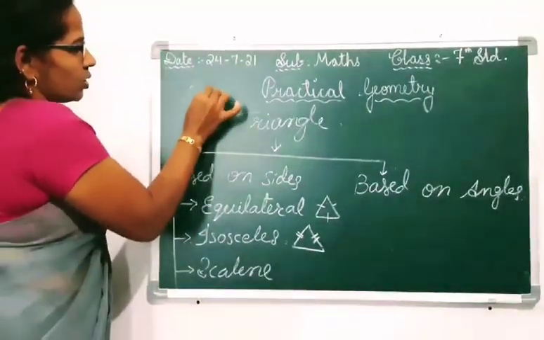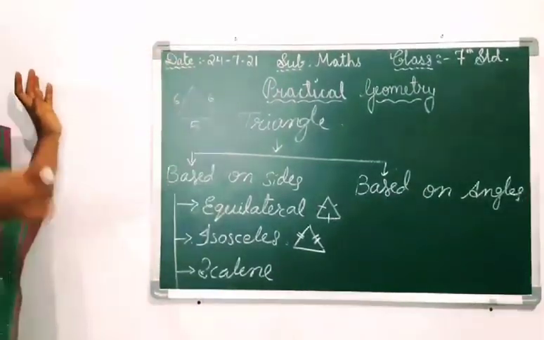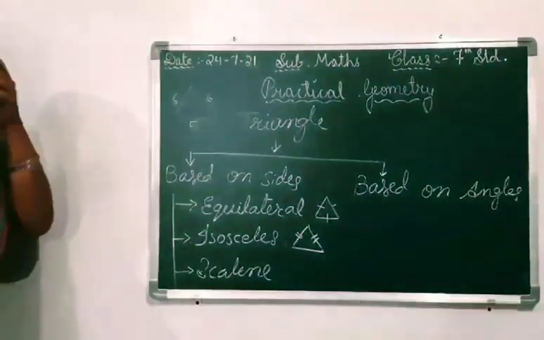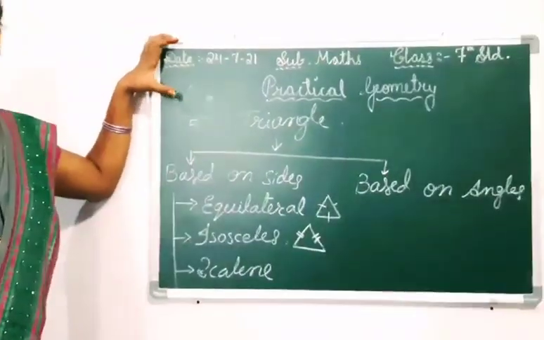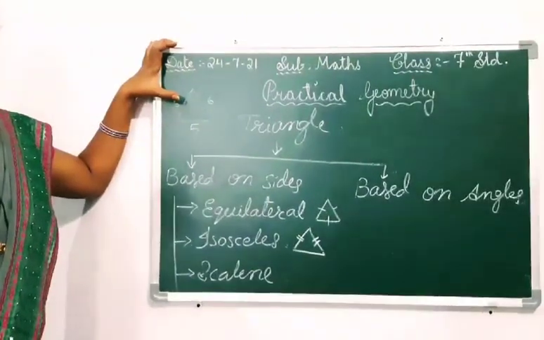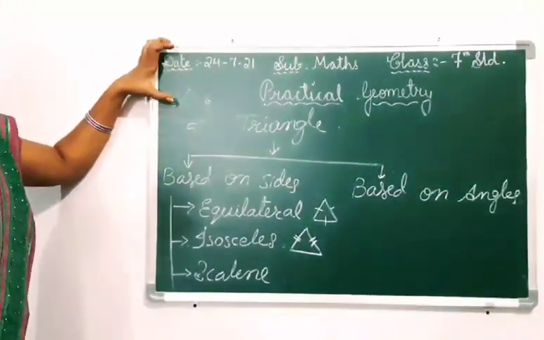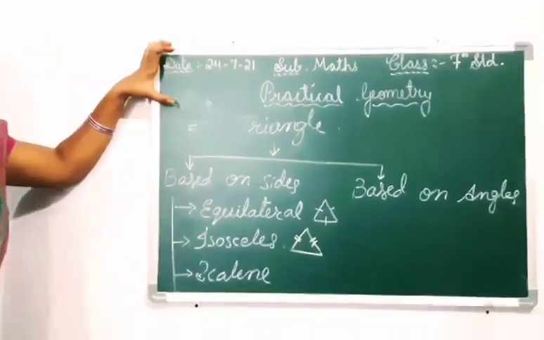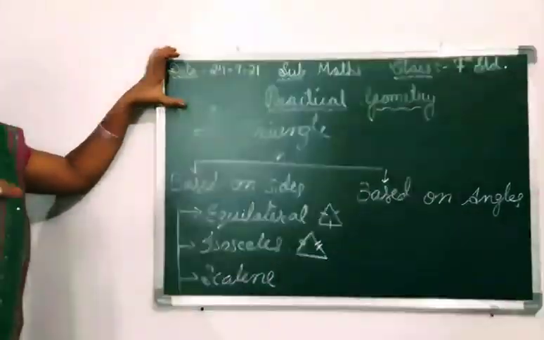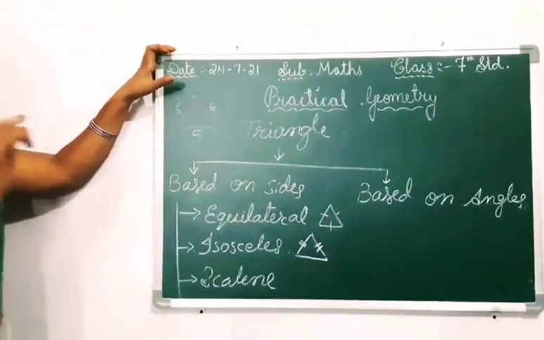You can also take 6 centimeters and 5 centimeters. In a given triangle, if any two sides measure the same length, that is known as an isosceles triangle. If every side measures the same length, that is known as an equilateral. Then next, scalene.